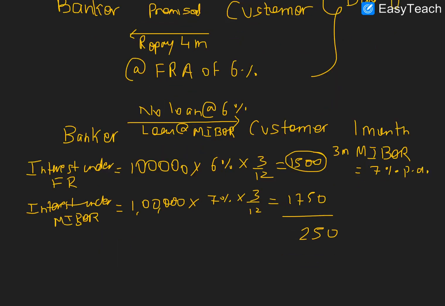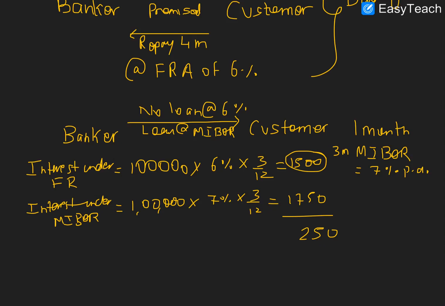Now the banker says, "Sir, won't it be good that we just compensate you this 250? You take a loan from outside, you pay 1750, and we as a banker promise you that we'll be paying you this 250 after 3 months."